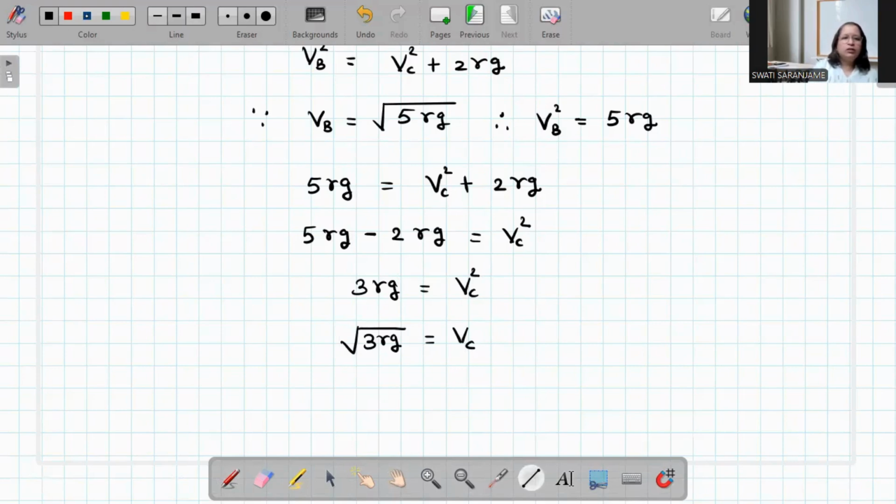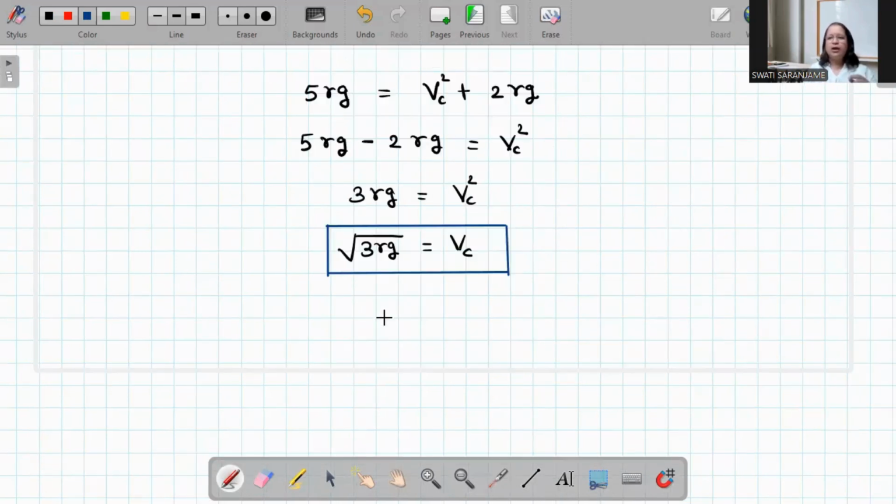This equation represents the speed acquired by the particle, by the object, by the point mass, whatever you call it, when it reaches the midway position along that vertical circle. So let's write down this.